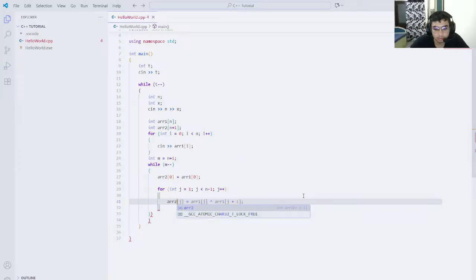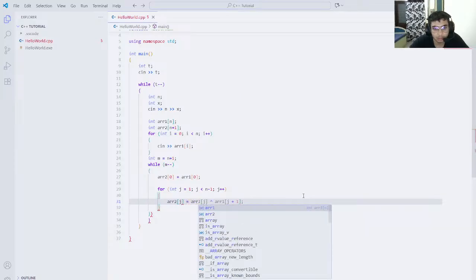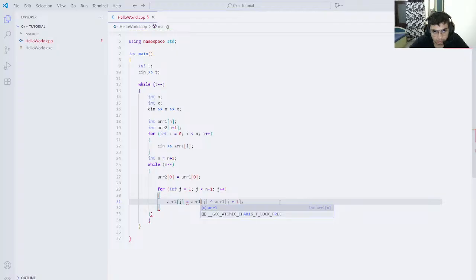ARR2[j] is equal to ARR1[j plus 1], right?